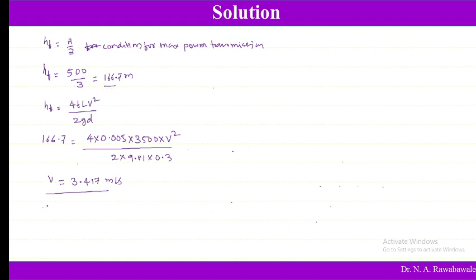Now we can obtain Q. So before obtaining Q, we can find out the area of cross section of pipe, that is equal to pi by 4 into d square. So pi by 4 into diameter of pipe 0.3 square.